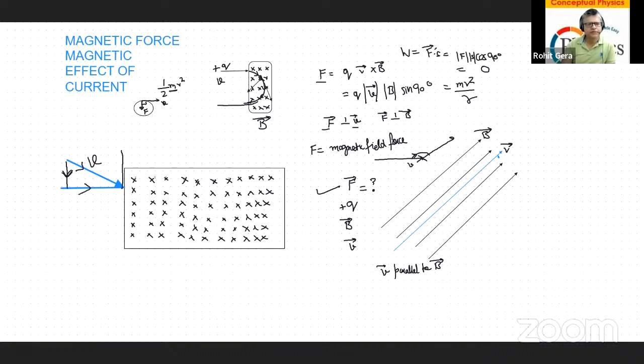Okay, let me just make it enter, and the magnetic field is okay.